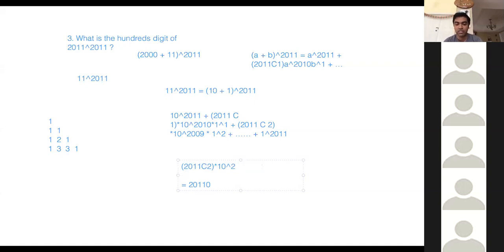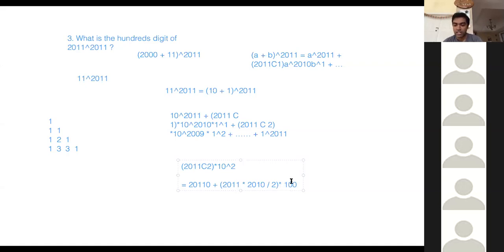So what is 2011 choose 2? You have 2011 items and you want to choose 2. What is the formula for that? You can do 2011 times 2010 divided by 2, multiplied by 100.